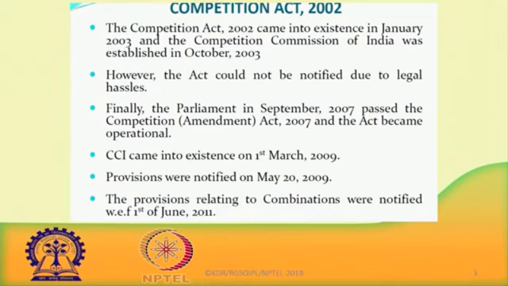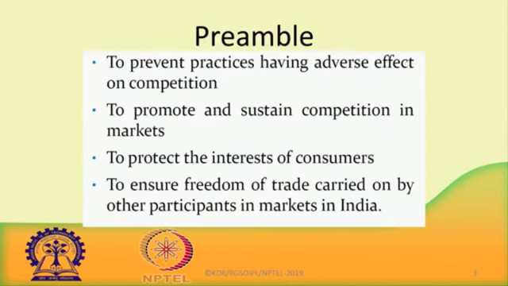Finally, in 2007, the Amendment Act was passed and the Act became operational. And the Competition Commission of India was again operational. It took another two years and it became operational from 2009 onwards. And the combination rules were actually notified in 2011. And we will see these notifications in detail.